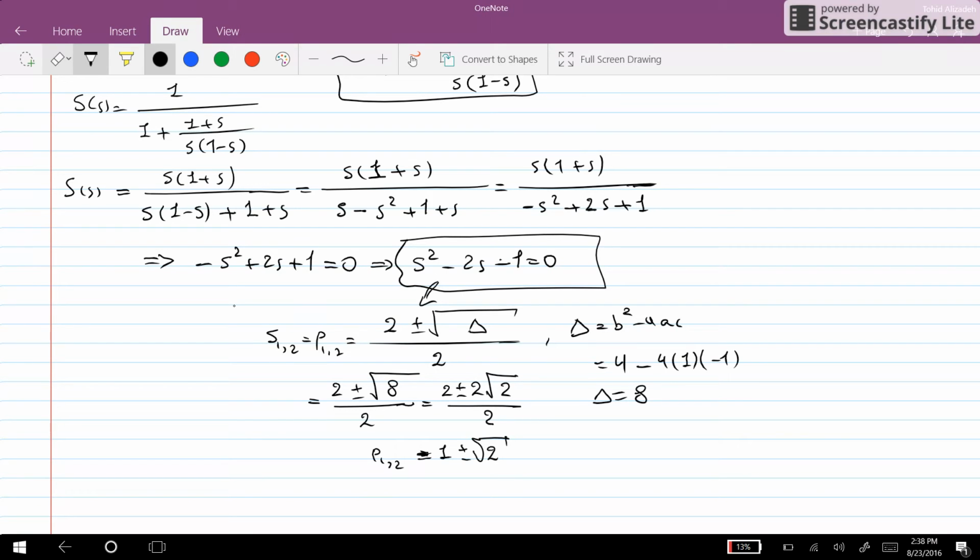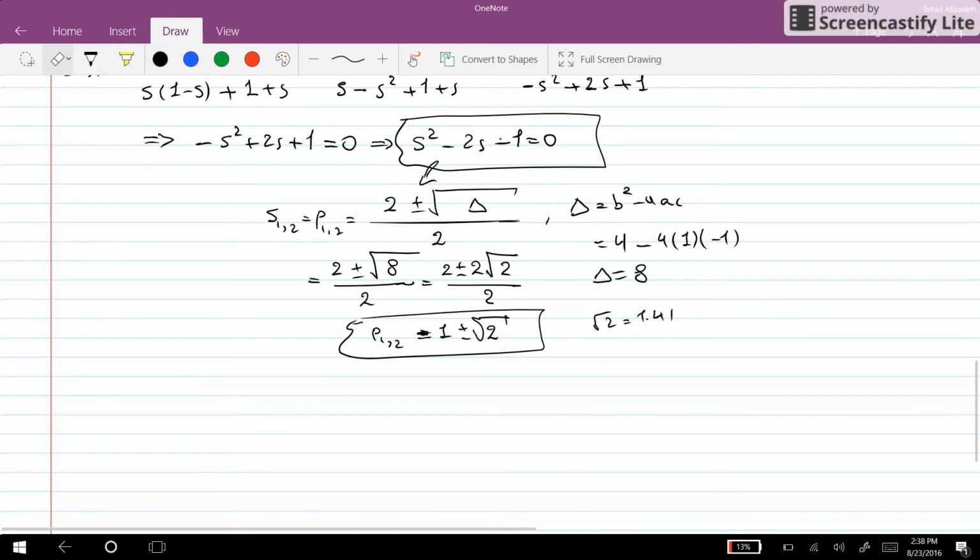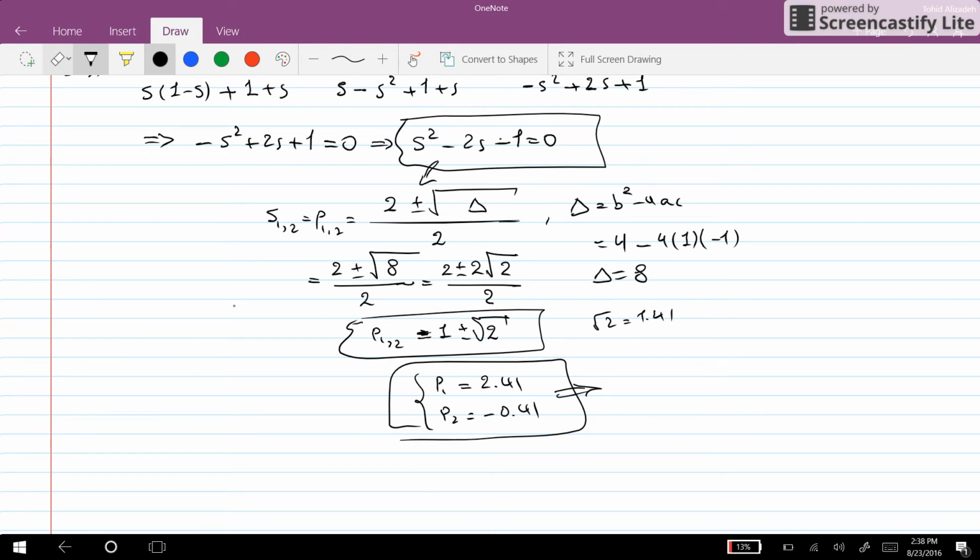So what does it mean? So here we have P1 and 2, and the square root of 2 is about 1.41. So from here we will have P1 equal to 2.41 and P2 equal to minus 0.41, which means that we have an unstable closed loop for the system.